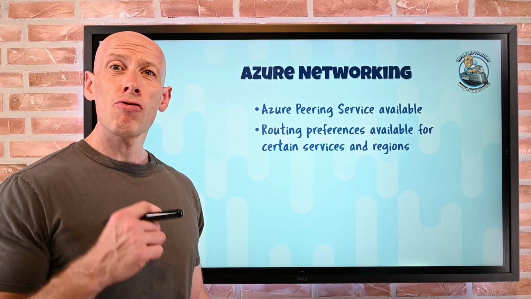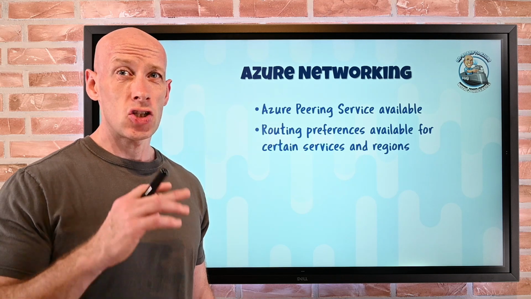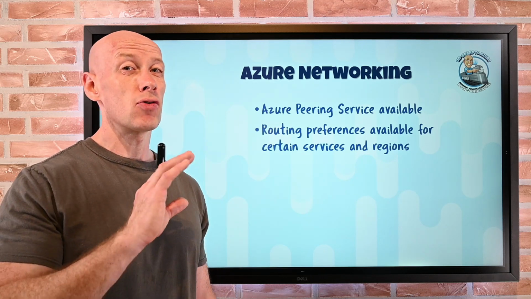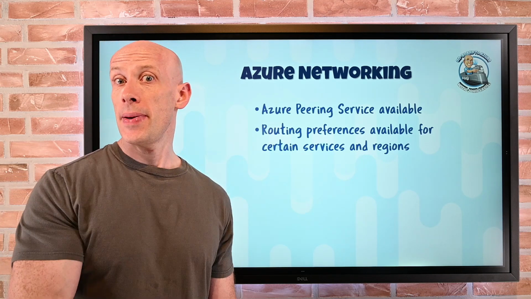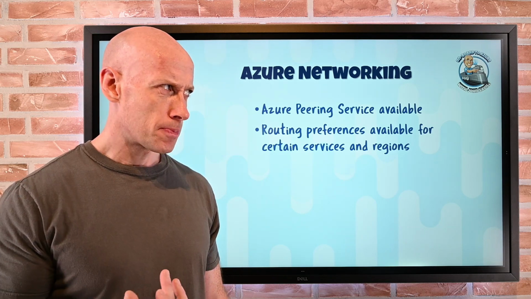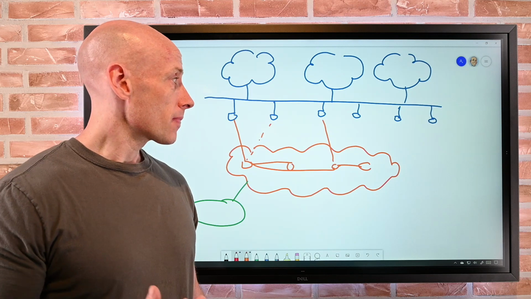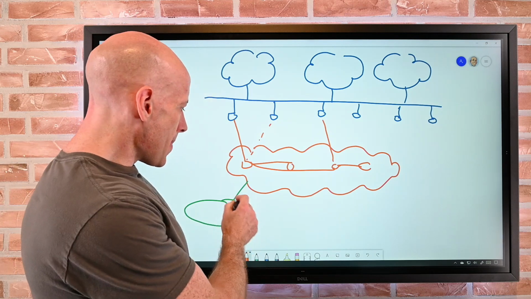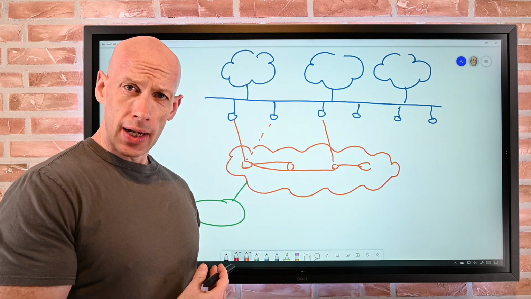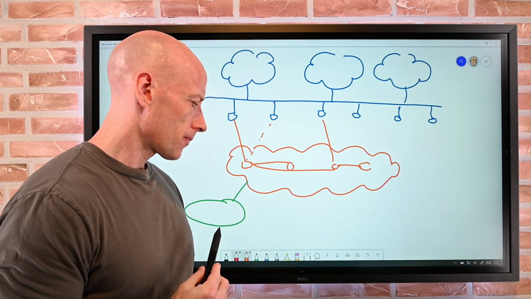We also now have routing preferences available in certain services and certain regions. For example, public IP addresses and Azure Storage. And this relates back to that previous picture. Imagine I'm at my location and then there's the internet.